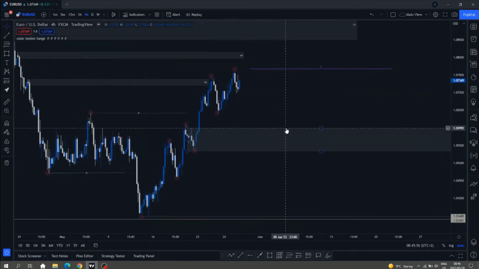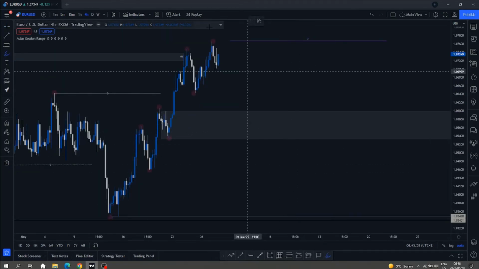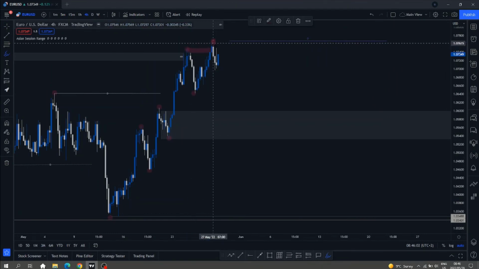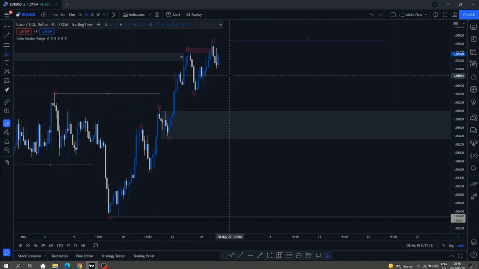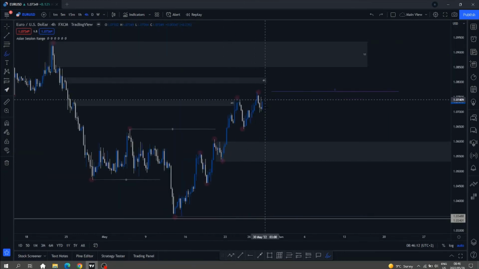So because we've had a nice break of structure here, and we've essentially had a pullback. Remember, EURUSD does not pull back very deep before continuing a move, right? Because we've had that break of structure and that pullback, we could comfortably see price action pushing up towards this particular 4-hour before giving us a reaction, right?